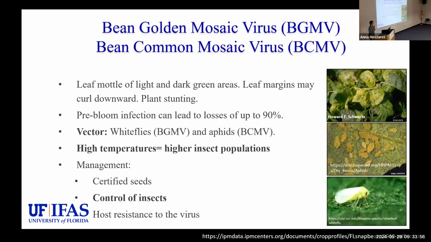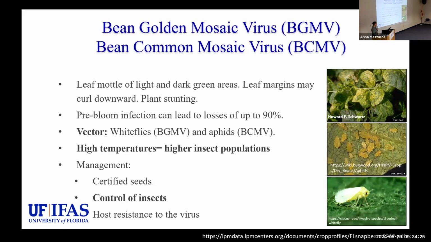Now talking about the viroses, in here we have listed two, the bean golden mosaic virus and the bean common mosaic virus. And the symptoms will be similar. Actually, viroses in general, you think about curly leaves, and usually they curl downward, and the plants get stunted.